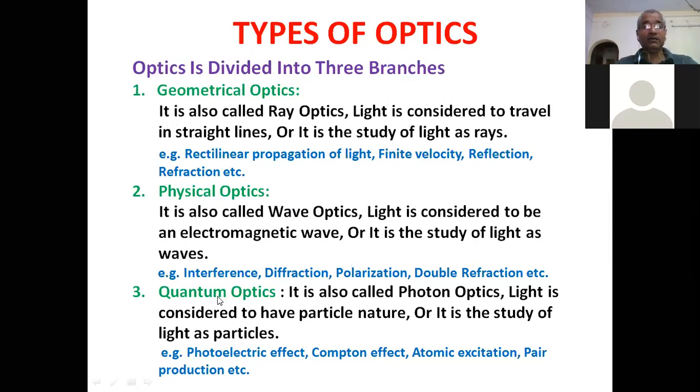Now the third subcategory of optics is the new one, quantum optics. This is the modern branch of optics, developed in recent years. So what is quantum optics? We will have quantum mechanics, a separate course, in the TYBSc, where you will see what the quantum is.